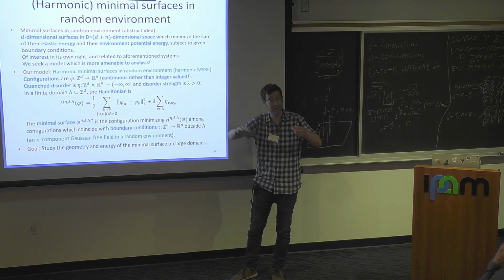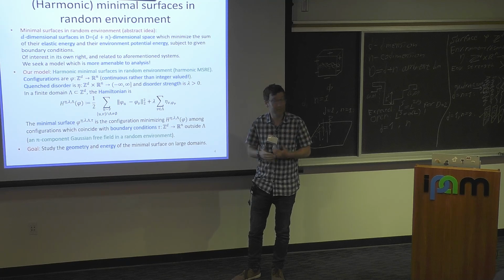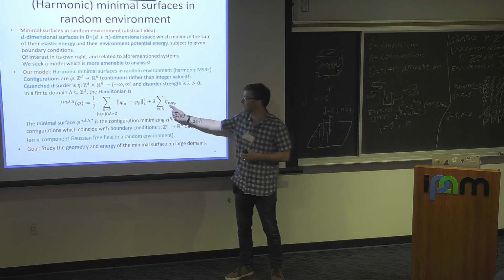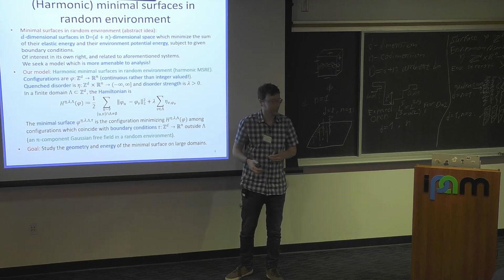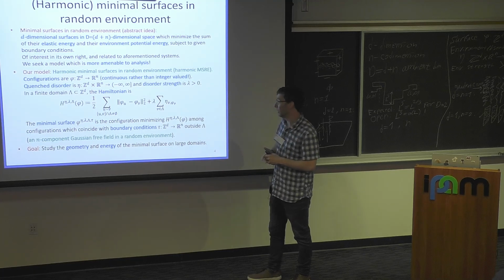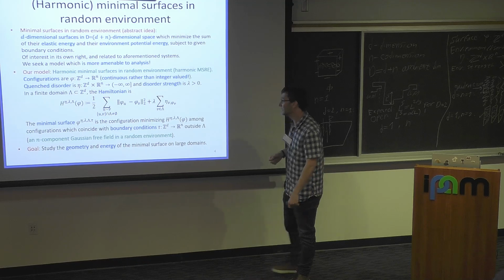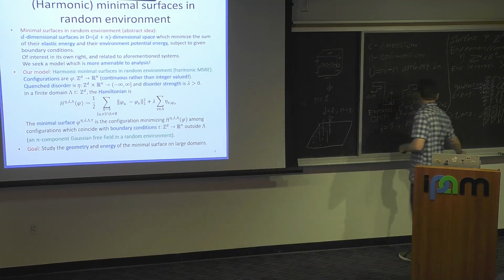But hopefully it's going to be close to flat. That's actually what we would like to investigate. For a given distribution of the disorder, we would like to understand how rough this surface is. So that's the model that we would like to study. We're going to study it on a domain with a given boundary condition.